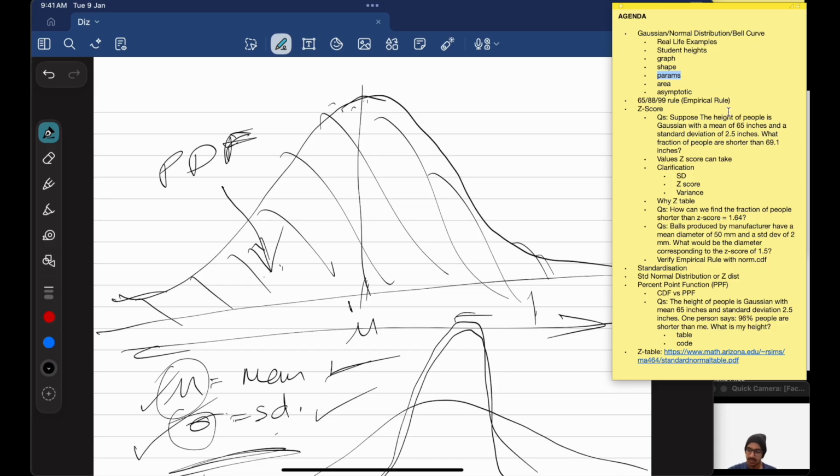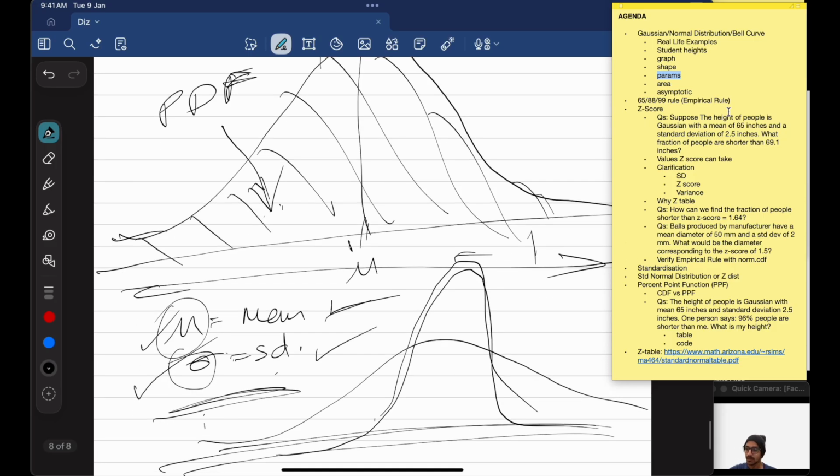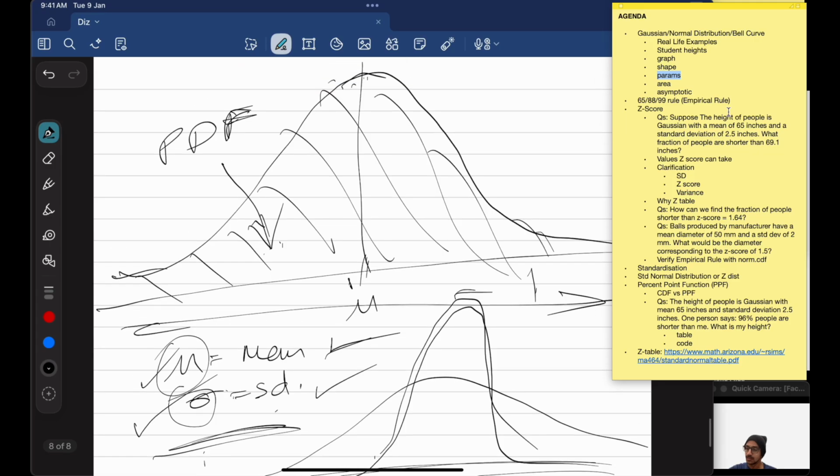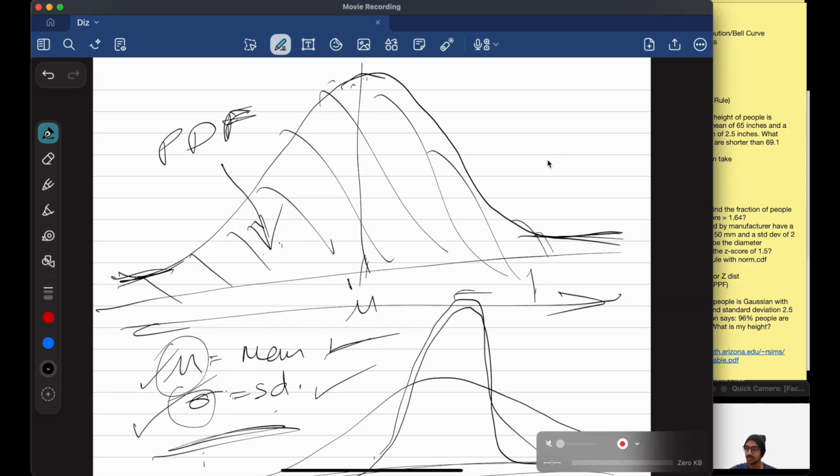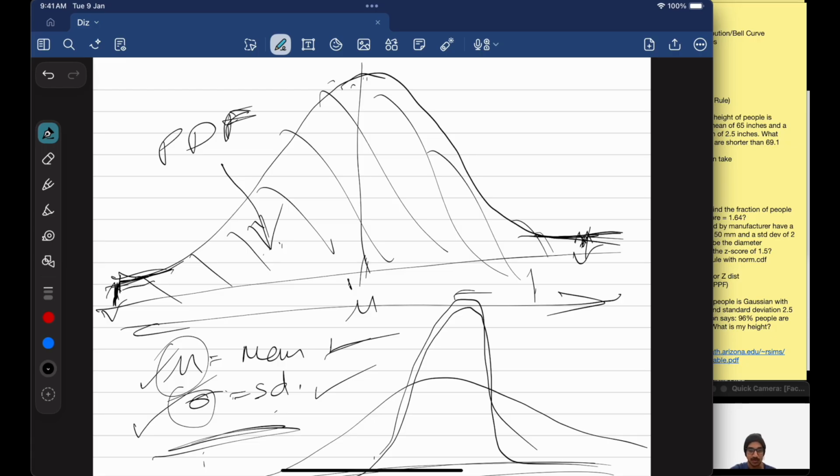Coming to the asymptotic property, if you see the bell curve, these edges taper here, right? They never touch 0. The value is never 0. There's always a gap here. It's always positive, primarily because of that formula.